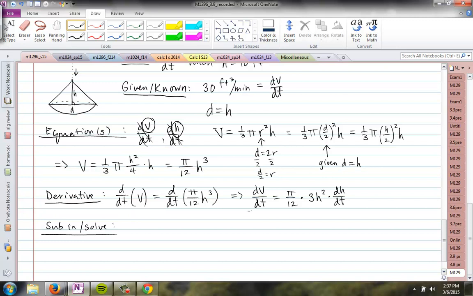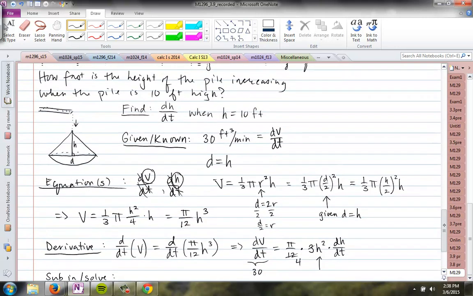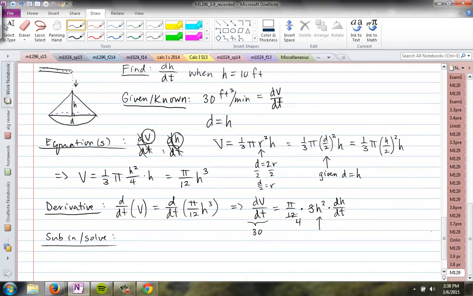So what do we have? Well, dv over dt is 30, it's accounted for. Pi over 12 times 3, I guess I can simplify that. H, do we have that? When the height is 10, it's not a problem.